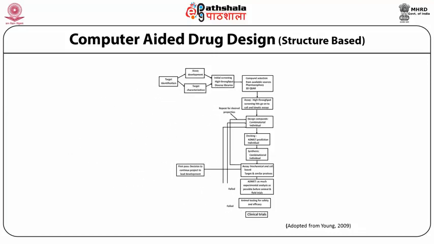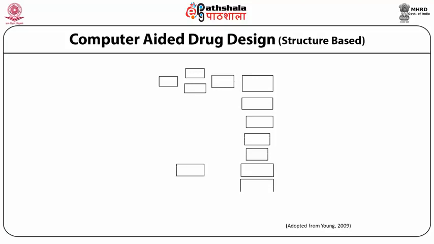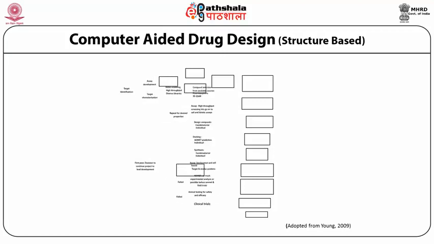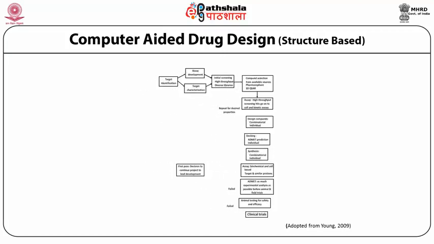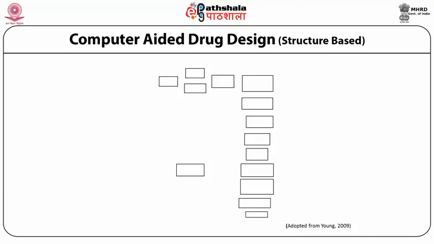It starts with target identification, going to assay development, and characterization of the target, that means the protein or the enzyme that we are identifying as a target. Then we go for initial high throughput screening through diverse libraries, developing compounds, developing pharmacophore, and then going for QSAR studies, that is 3D QSAR, three-dimensional quantitative structure activity relationship.